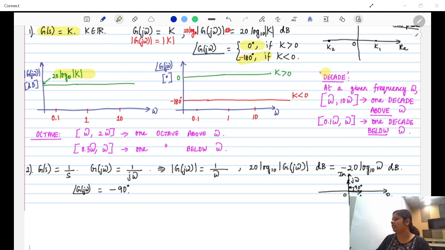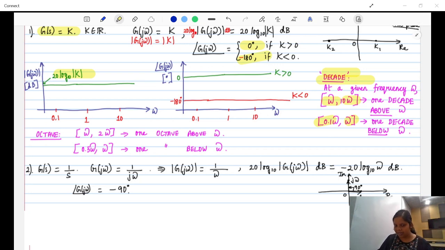An important concept here is this decade concept. So a decade is 10 times. If we have omega and then 10 omega, that 10 omega is said to be 1 decade above omega. And 0.1 omega and omega means 10 times is the difference, so 0.1 omega is 1 decade below omega.